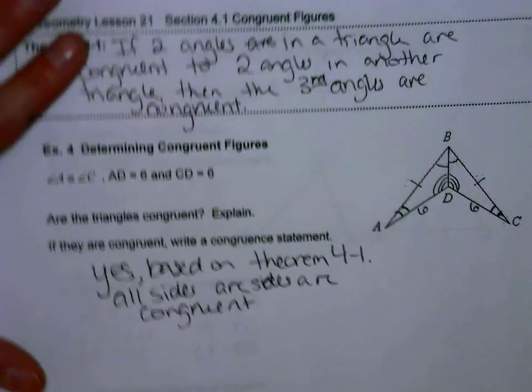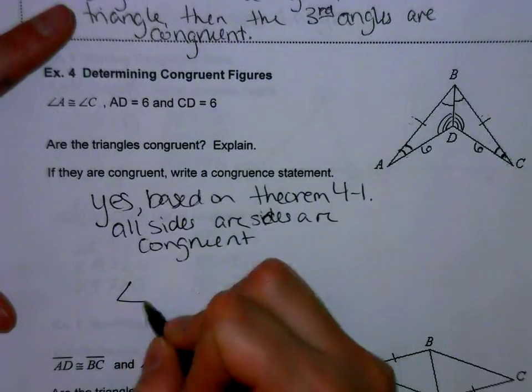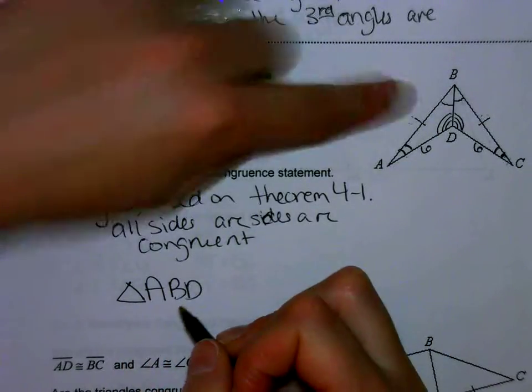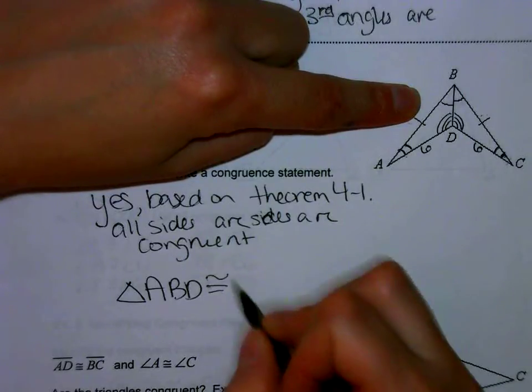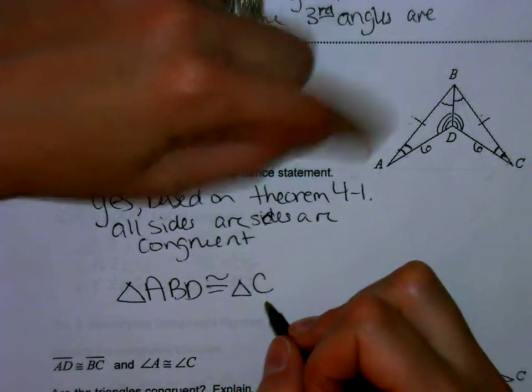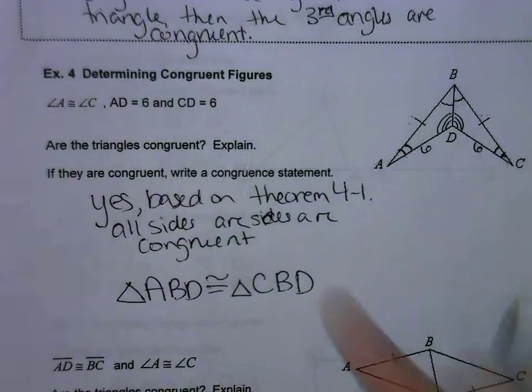So since we know our two triangles are congruent, we can write a congruent statement. So we can say triangle ABD. So our first triangle on our left is congruent to triangle CBD: A maps to C, so A is congruent to C, B is still congruent to B, and D is congruent to D.